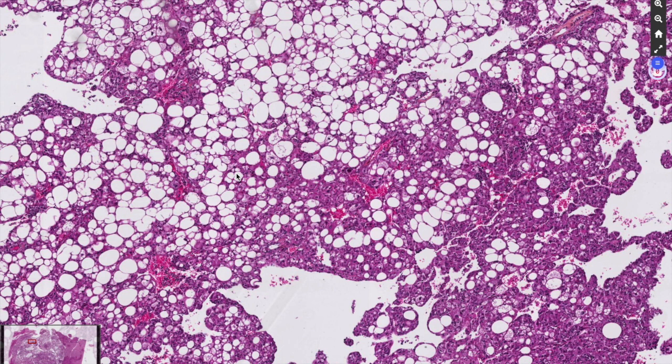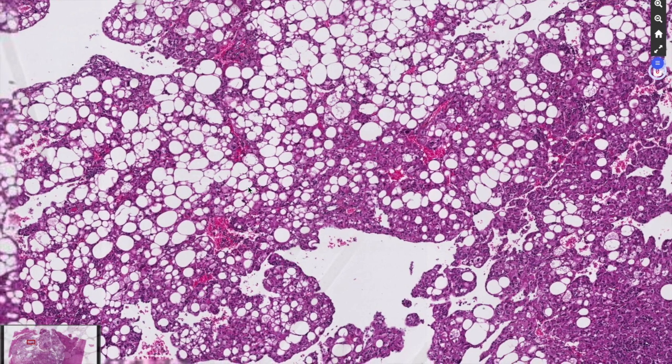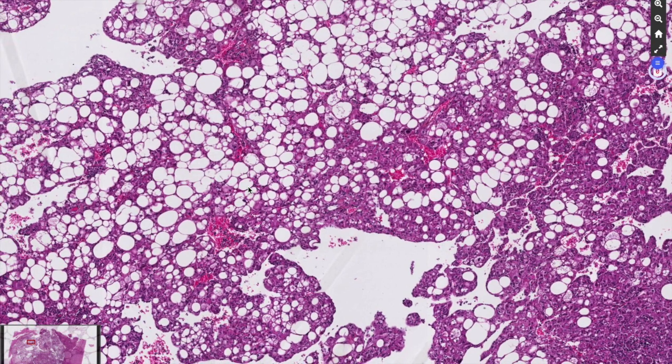When they occur in the liver, they are almost always epithelioid, and that's why you can make a mistake and diagnose this tumor as a hepatocellular adenoma or a hepatocellular carcinoma.